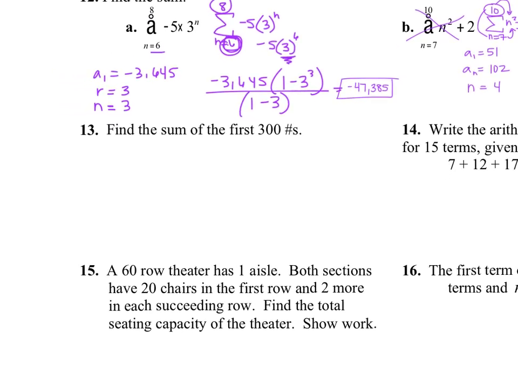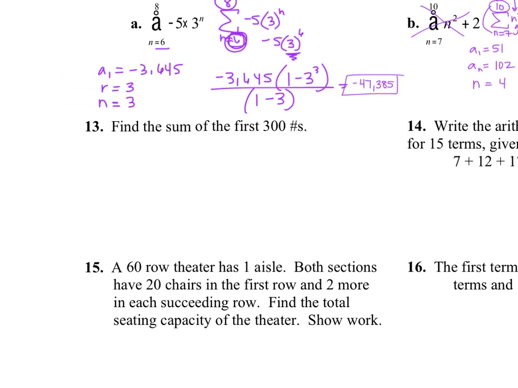All right, find the sum of the first 300 numbers. We're adding together the first 300 numbers. So that is, if you think about it, 1 plus 1 plus 1 plus 1 every time. This is arithmetic. So our number of terms is 300. Our first term would be 1.